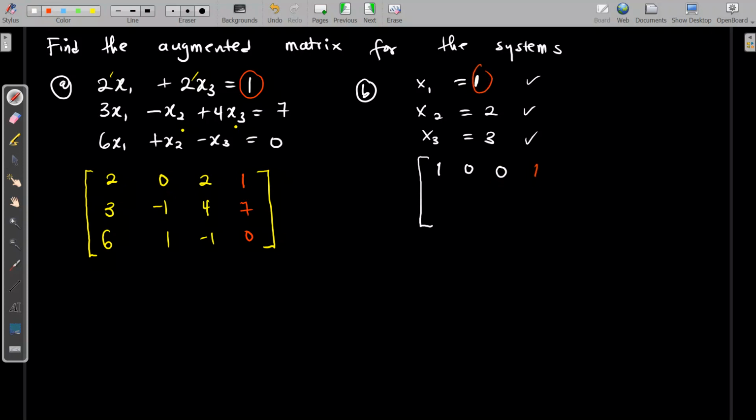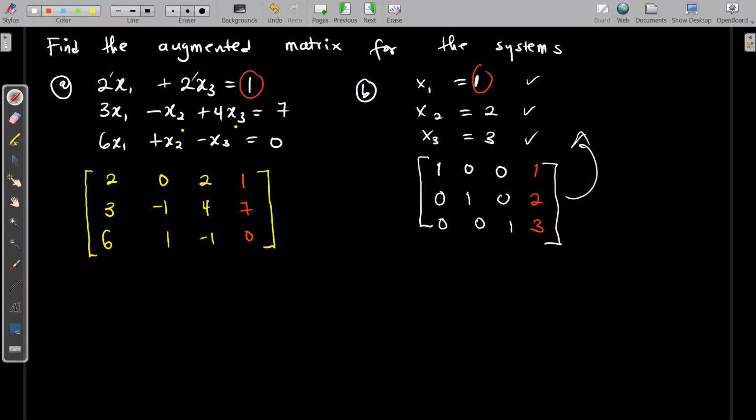You can do the same for the other ones. I have 0 for x1, 1 for x2, 0, and then 2 at the last one. Then 0, 0, and then 1, and the last one has a 3. So that is the augmented matrix for this system.